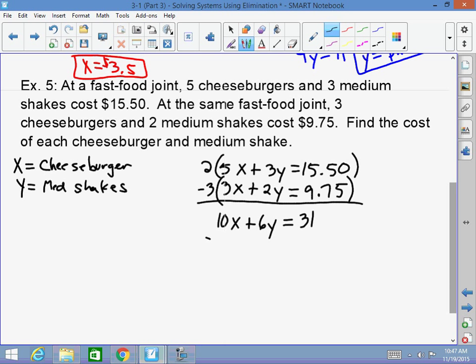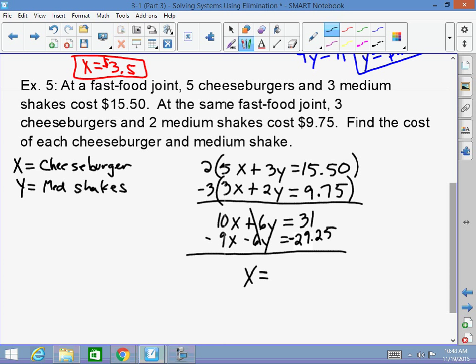And then I got negative 9x minus 6y equals, okay, that's 27, should be 28.50. 9.75 times 3, 29.25. And that's negative.